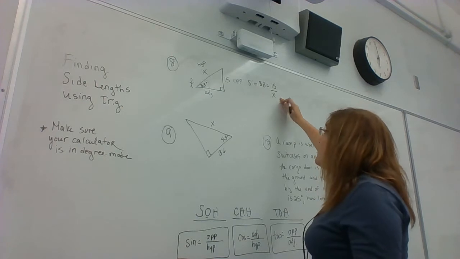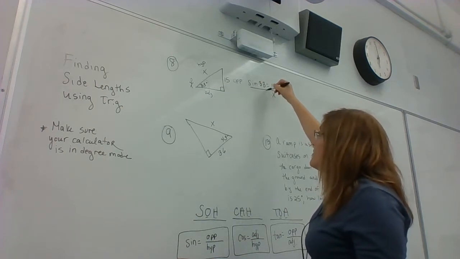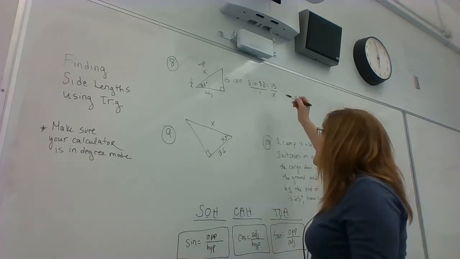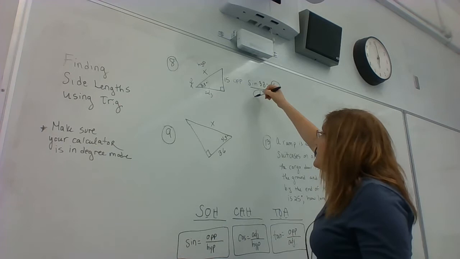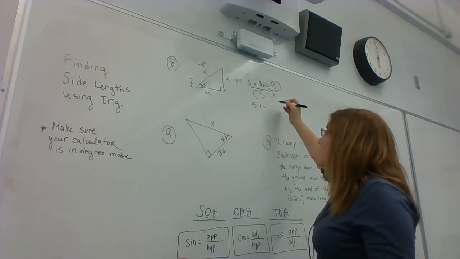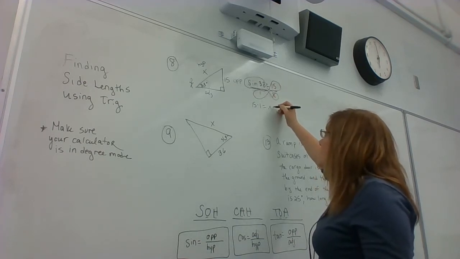When the x is on the bottom, there's a couple ways to do it. What you could do is turn it into a proportion. So put this over 1 and cross multiply. So we have 15 times 1 equals x times sine of 33.